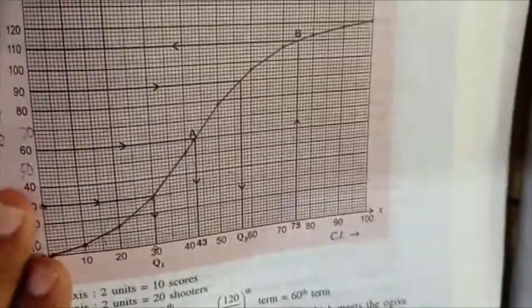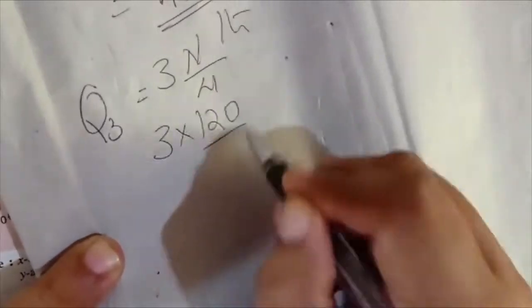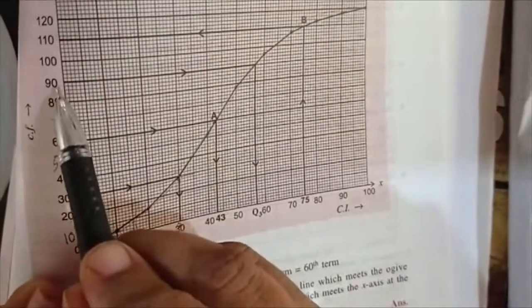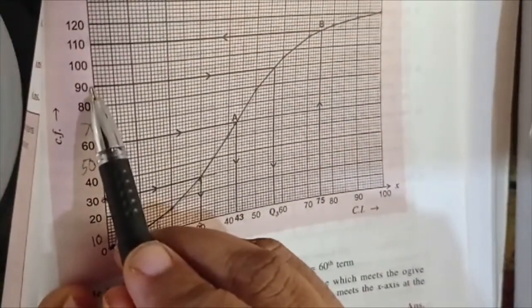Then the last one. Q3. What is the formula? Q3 is 3 into n by 4th item. 3 into 120 by 4. That is the 90th item. In all the cases, it is the same procedure; only you change the formula. Take the 90th position, mark 90.